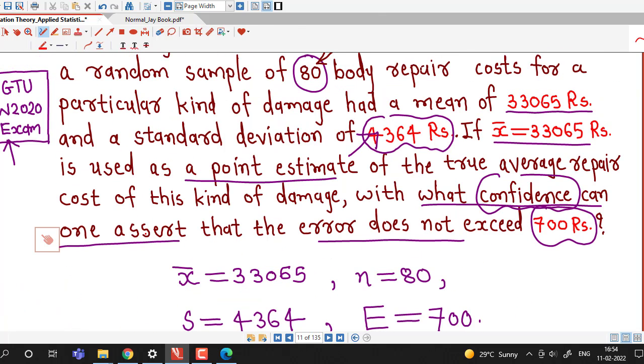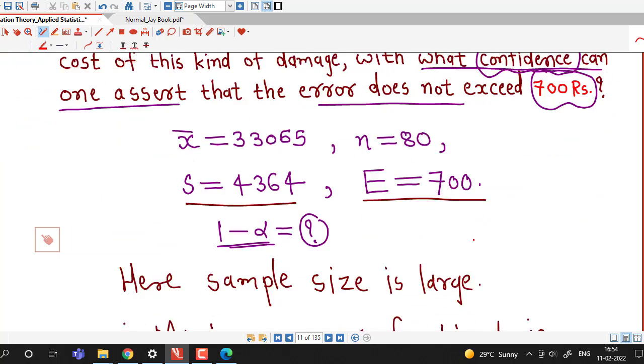So here we are asked the confidence level. With what confidence can one assert that the error does not exceed 700 rupees?